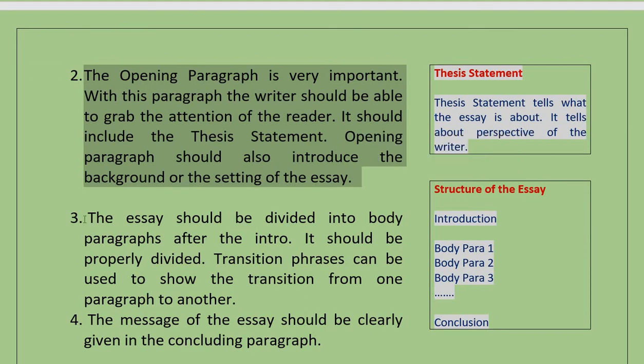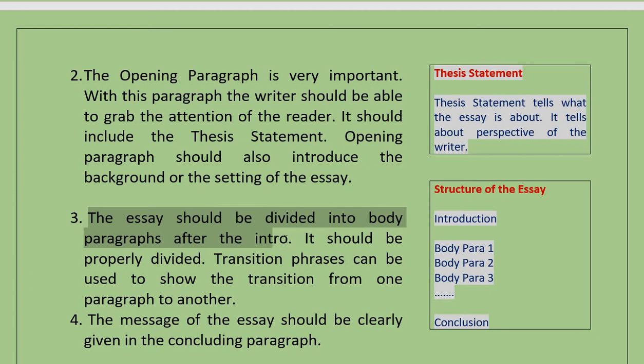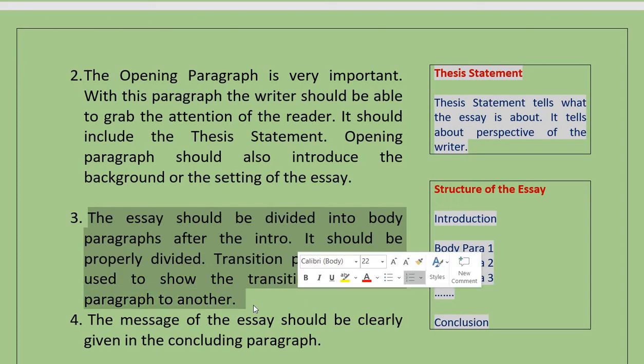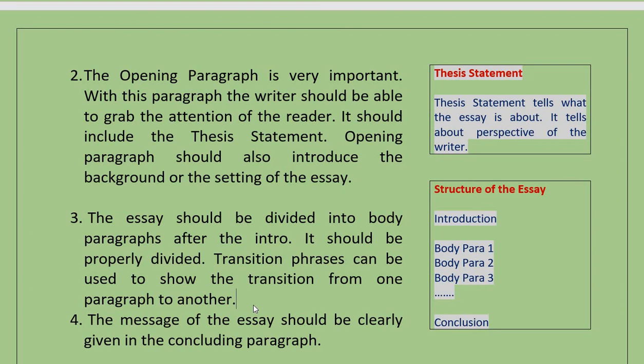Then the essay should be divided into body paragraphs after the intro. It should be properly divided. Transition phrases can be used to show the transition from one paragraph to another. See the structure of the essay: introduction, body paragraph 1, body paragraph 2, 3, then conclusion.